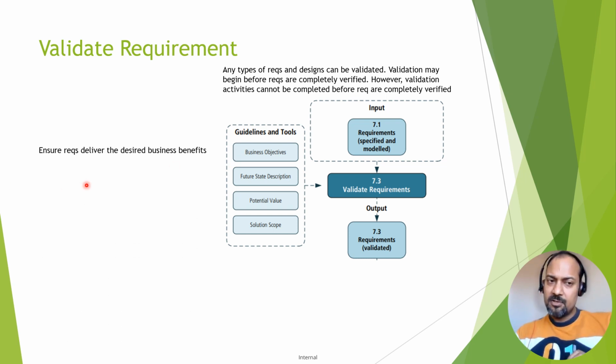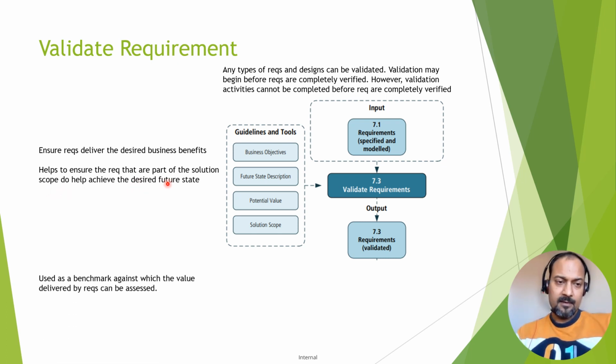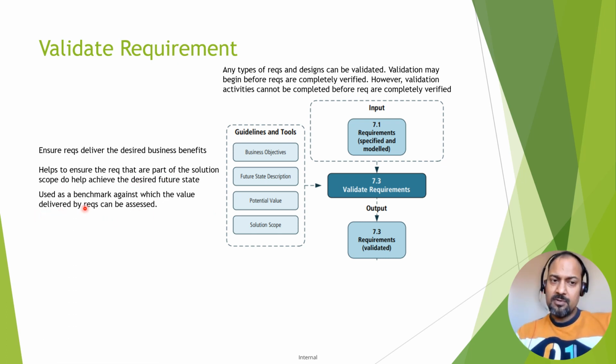Then the other inputs are guidelines and tools. Business objectives ensure that a requirement delivers the desired business benefits. Then the future state description helps to ensure that the requirements that are part of the solution scope do help achieve the desired future state. Potential value is used as a benchmark against which the value delivered by the requirements can be assessed.